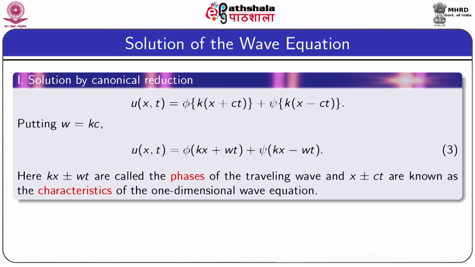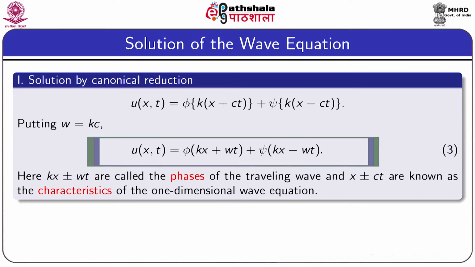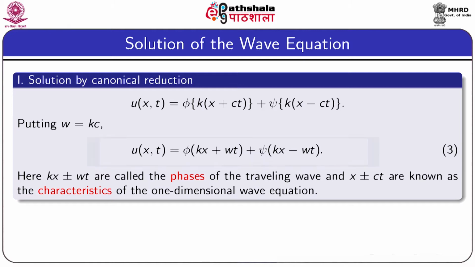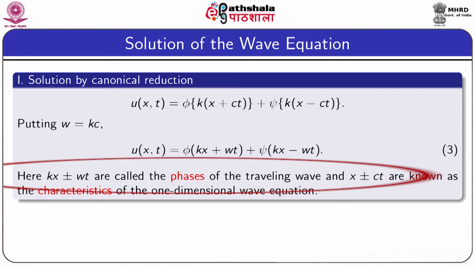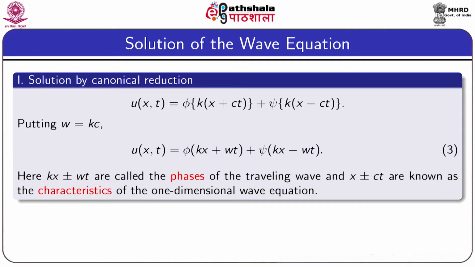Now, if we assume ω as kc, then the solution can be written in the form u = φ(kx + ωt) + ψ(kx − ωt). The term kx ± ωt is called the phase of the travelling wave, and the terms x ± ct are known as characteristics of the one-dimensional wave equation.